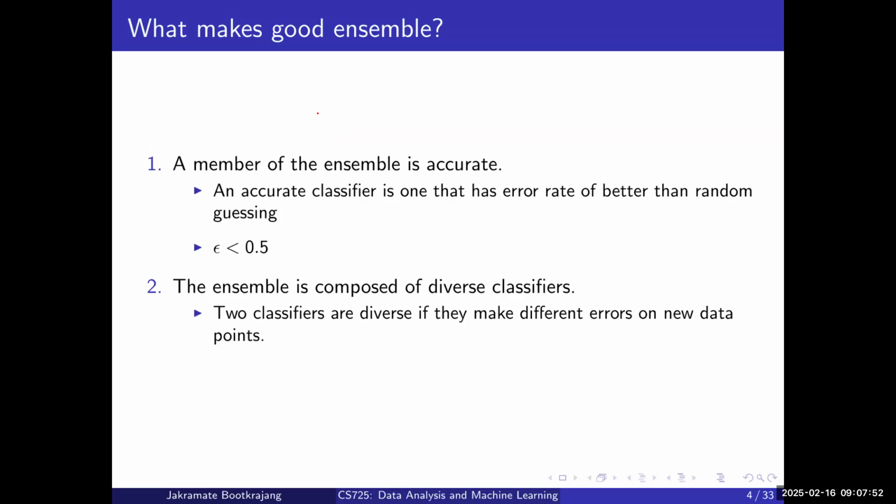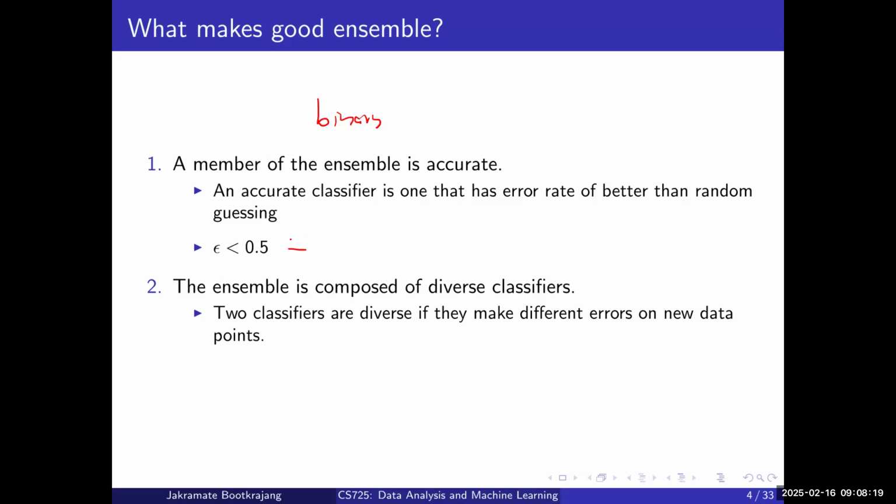If you have a binary classification and you guess randomly, how many do you get right, how many do you get wrong? You get about half, right? 50%, if you just guess randomly. So we want the classifier inside to have something that is greater than chance.